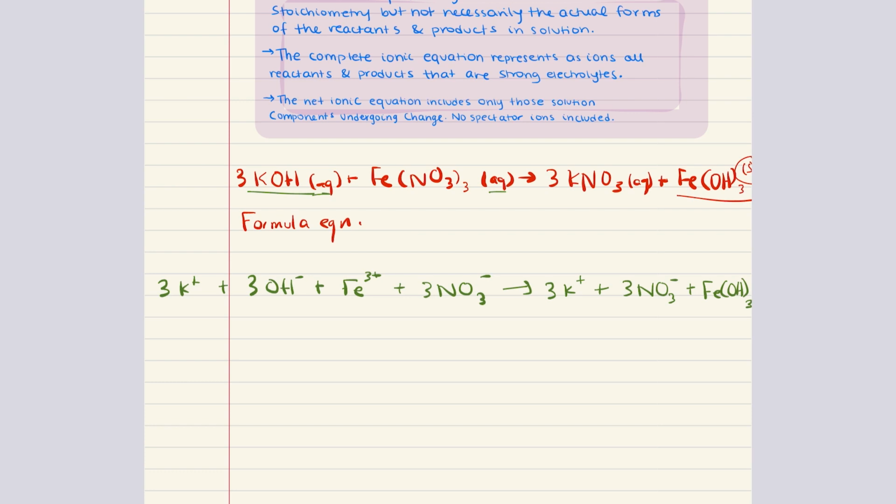Now that we have our complete ionic equation written, we can start to look at what ions appear on the reactant side and the product side. We want to remove those when we write our net ionic equation. For our net ionic equation, we want no spectator ions present.